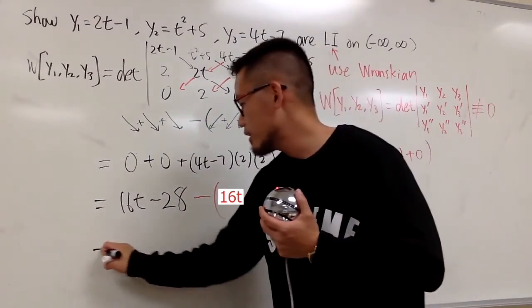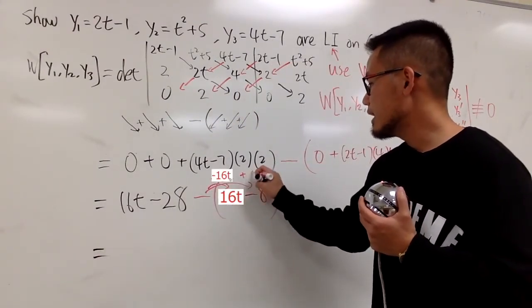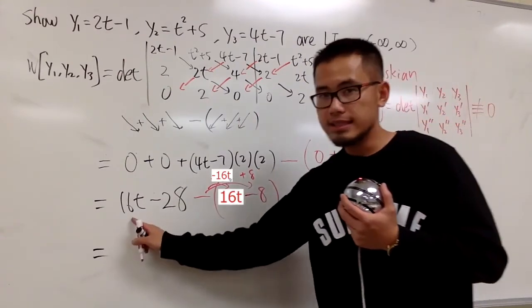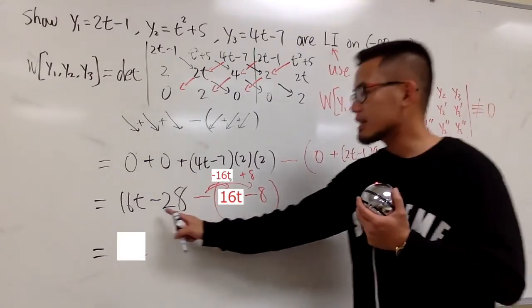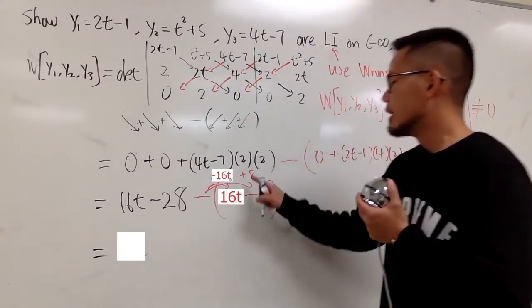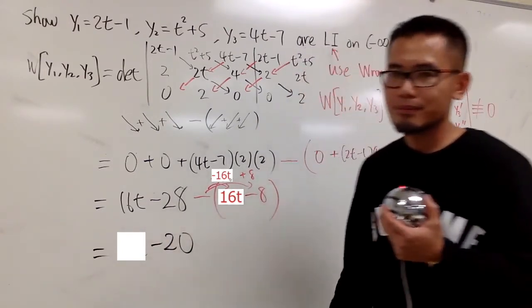Okay, so what do we end up with? You distribute, you get minus 16t, and then you distribute, you get plus 8, right? So 16t minus 16t is 0, and you see that negative 28 plus 8 is minus 20.